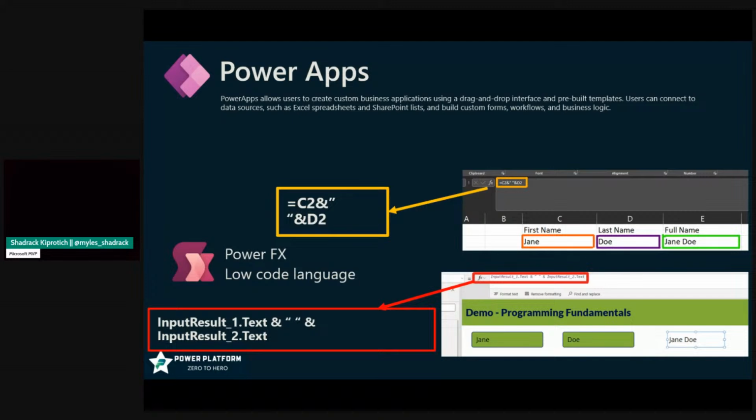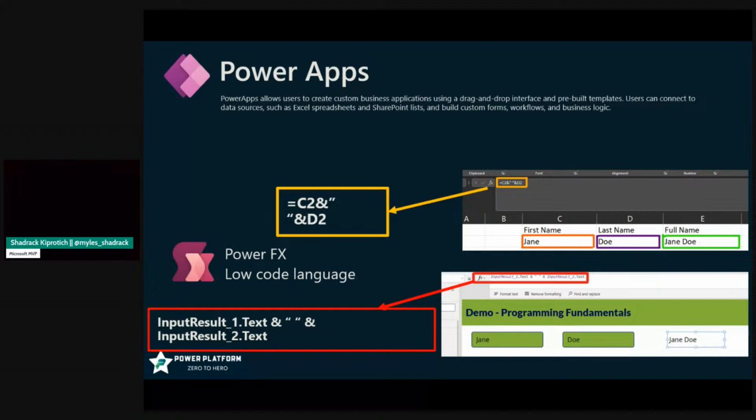The pre-built templates are templates that Microsoft provides for common business scenarios, like, for instance, if you need an application to manage your inventory or to onboard new employees into your organization. So we already have this pre-built template, and what you just need to do is take the application and customize it to meet your organization's needs.